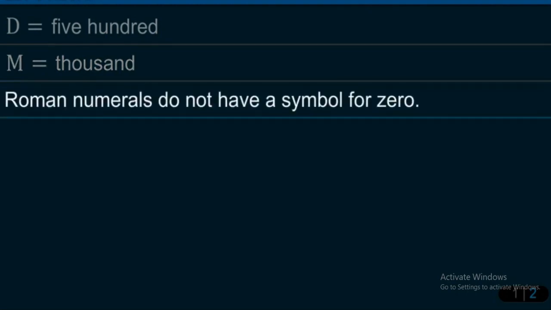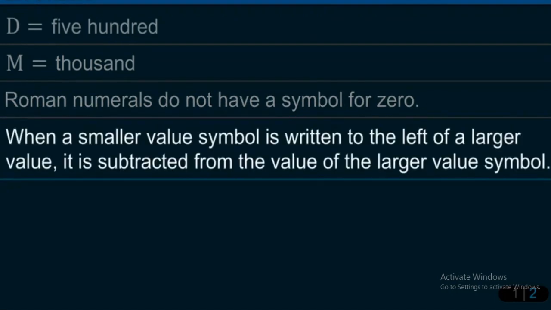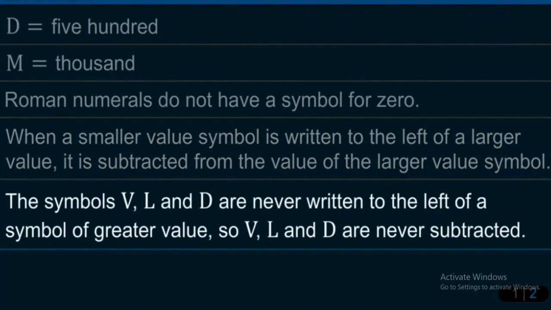Roman numerals do not have a symbol for 0. When a smaller value symbol is written to the left of a larger value, it is subtracted from the value of the larger value symbol. The symbols V, L, and D are never written to the left of a symbol of greater value. So V, L, and D are never subtracted.